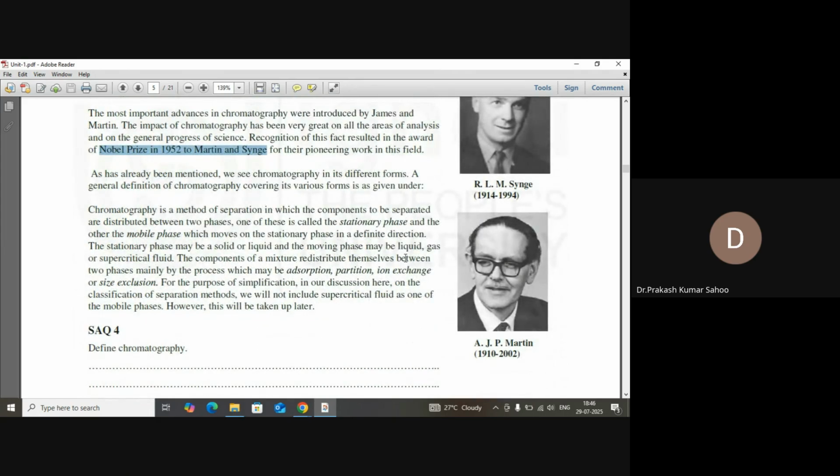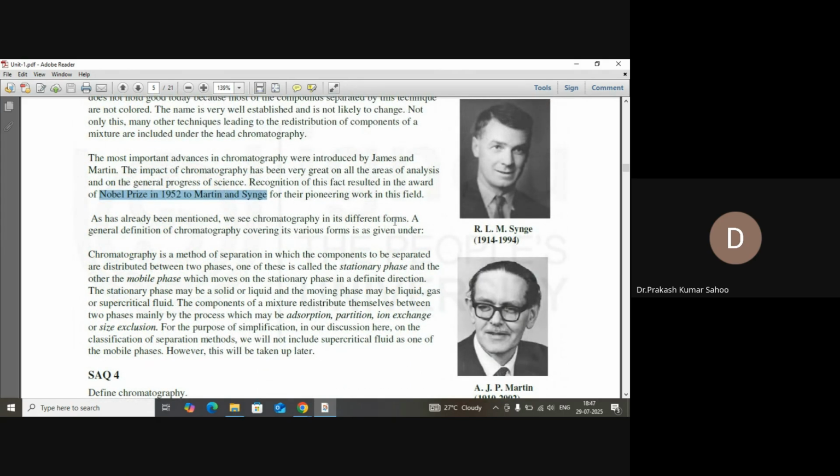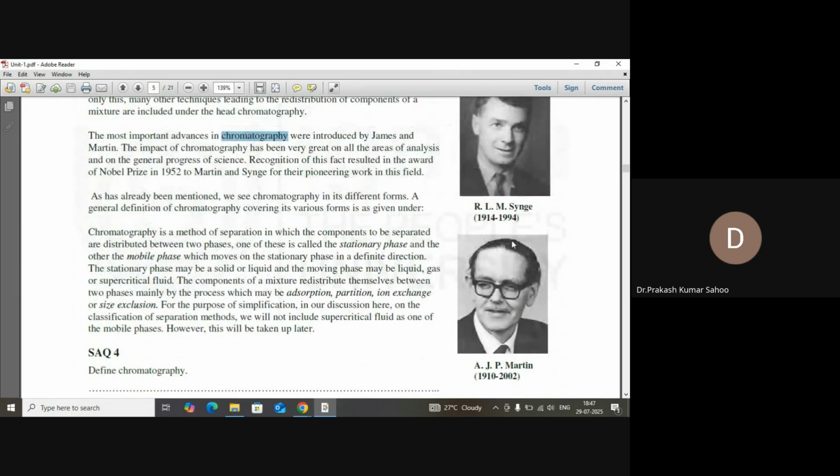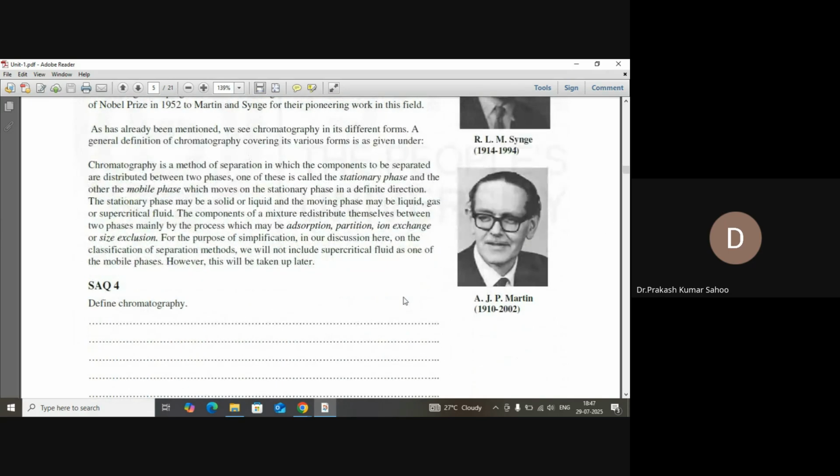These two gentlemen received recognition for their pioneering work in this field, and they introduced chromatography in different areas of sciences. Okay, so they received the 1952 Nobel Prize for the chromatography technique.